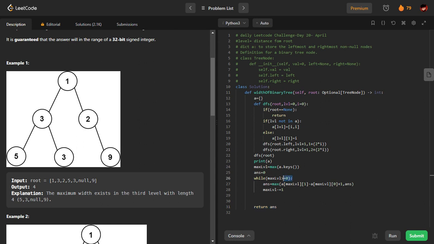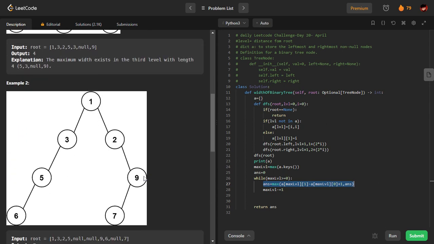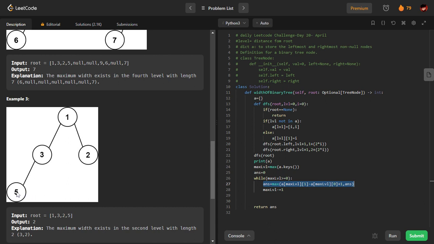We are passing through each of the levels once again, and for each level we are doing this operation and trying to update the answer, because we are not sure which level gives the maximum. Ideally the leaf level should be the maximum one. But as we can see in some examples, for example in this one, the leaf level has only one node, so it's not contributing to the answer.